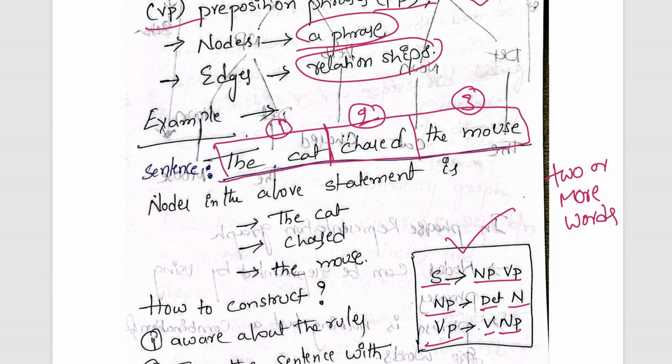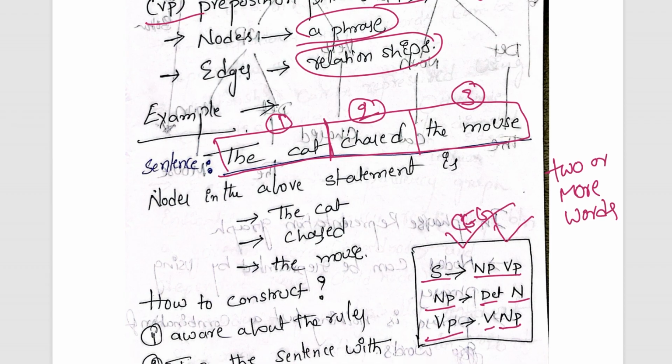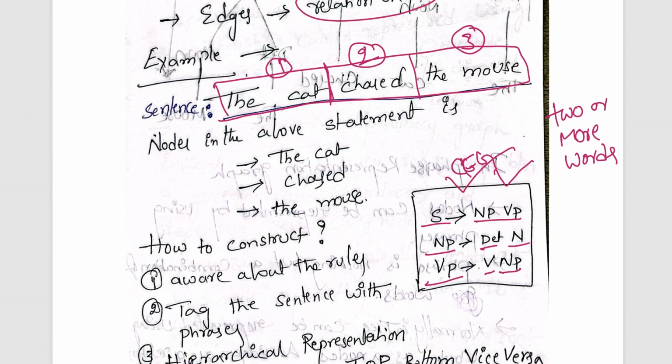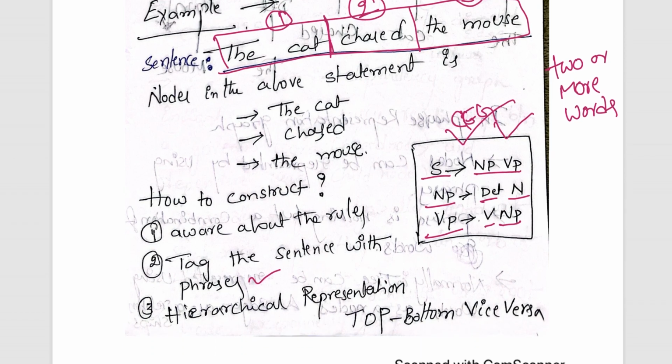So this CFG is very important. We need to be aware of these rules. After understanding the rules, that is CFG, we need to tag the sentence with the phrases. After that we need to connect a hierarchical representation using the edges.